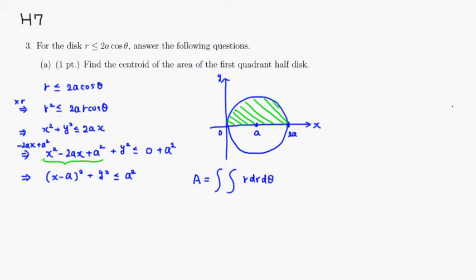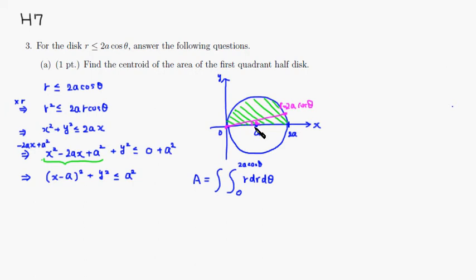For a fixed theta, r starts from 0 all the way to 2a cosine of theta. So this is r equals 2a cosine of theta, and r goes from 0 to 2a cosine theta.